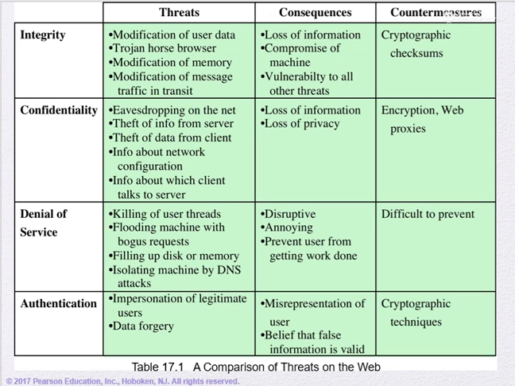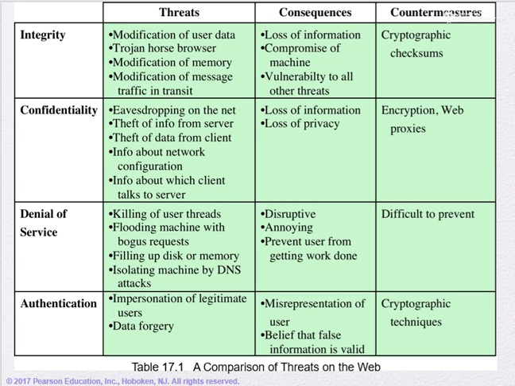Take the threats related to the integrity service. We know that integrity is about preventing unauthorized modification of information. The possible threats are that somebody can modify user data, use Trojan horse browsers, or modify memory or message traffic in transit.